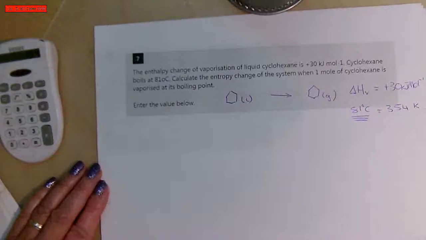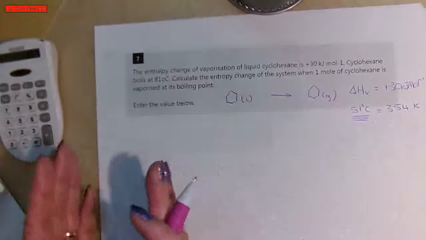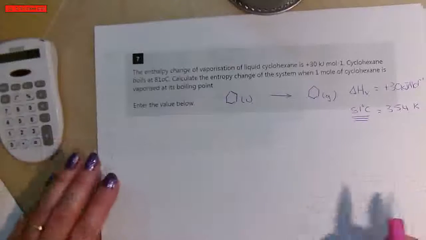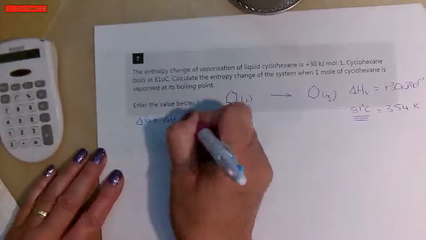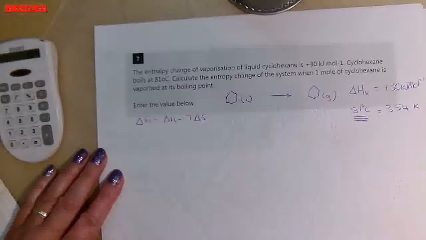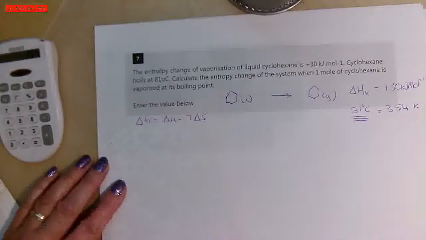Okay, so as this boils at 81, basically we've got the delta G is 0. So delta G equals delta H minus T delta S, but this phase change just takes place at the boiling point, so it becomes feasible at the boiling point, so delta G is 0.